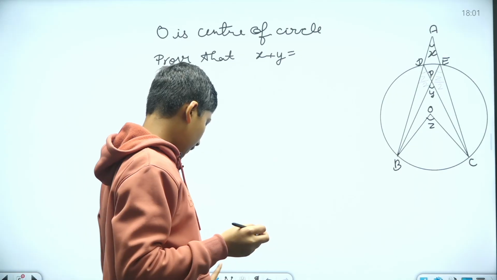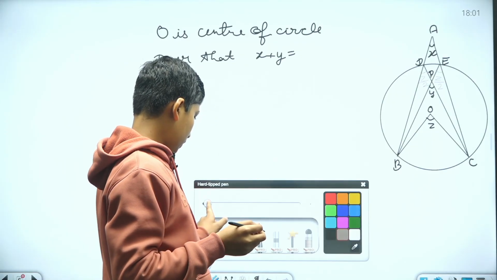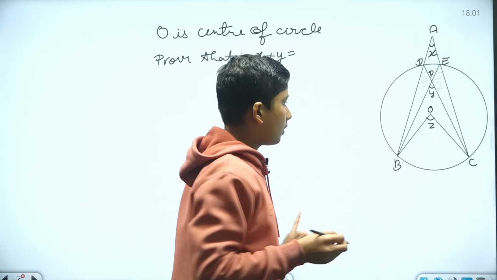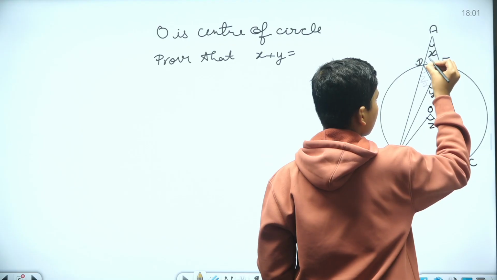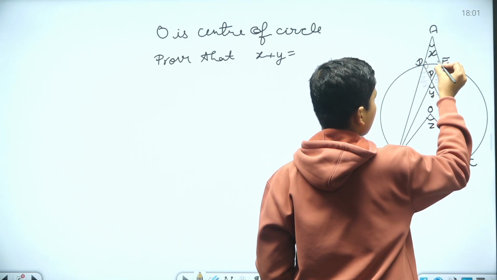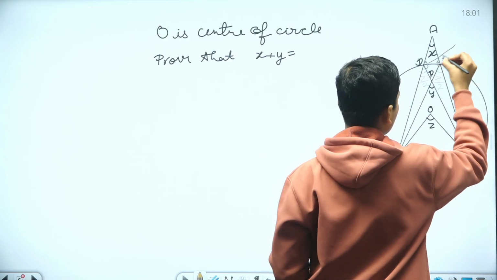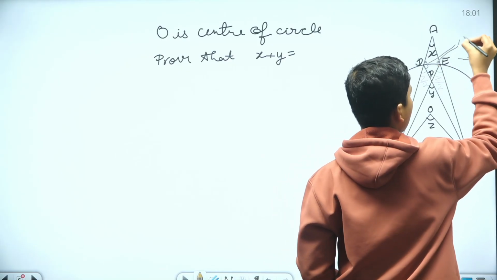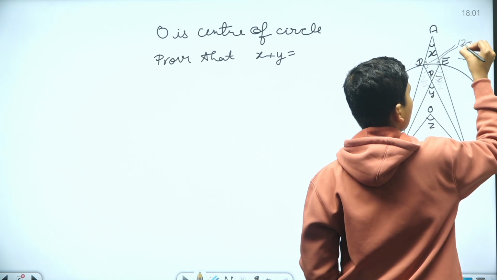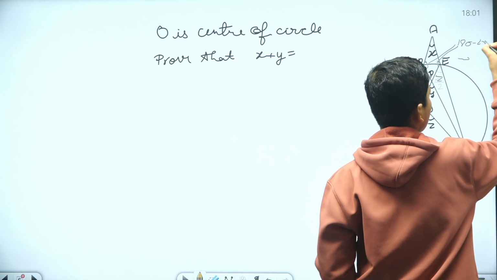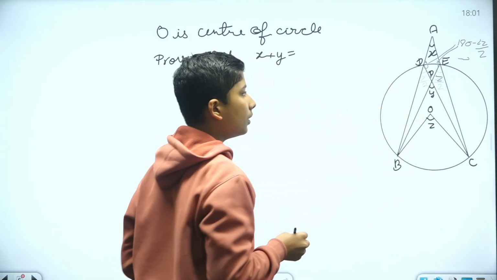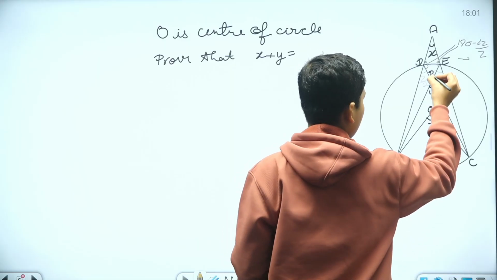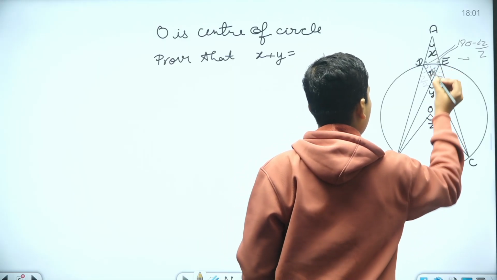Okay, at last I will explain you. Yes, this z by 2, this also z by 2. 180 minus angle z by 2. Okay, these both, and this also y.